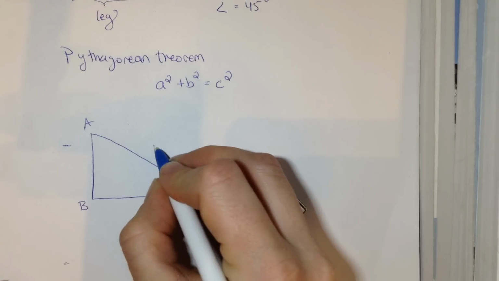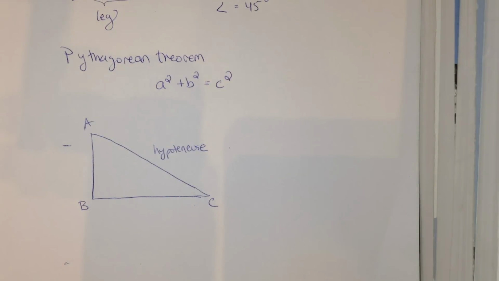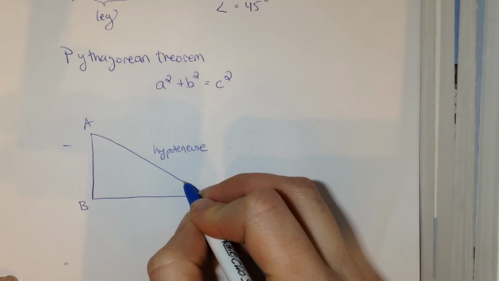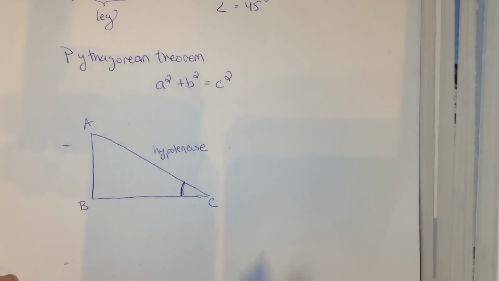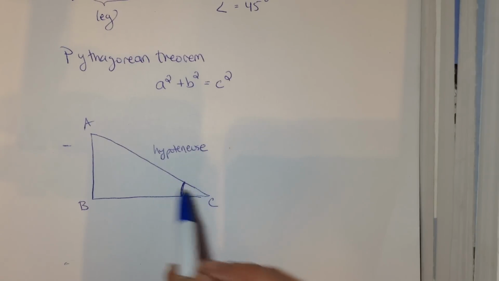So I've got my hypotenuse here. We can use our trig functions to define the length of the sides in terms of the size of the angles. So we're going to use lengths of sides to give us information about the angles. Let's look at angle BCA. I want to know information about this angle based on the length of the sides.